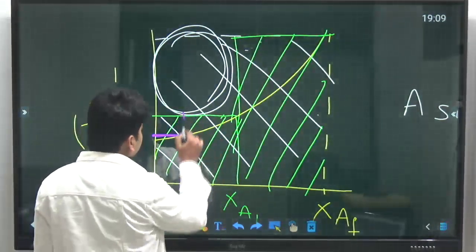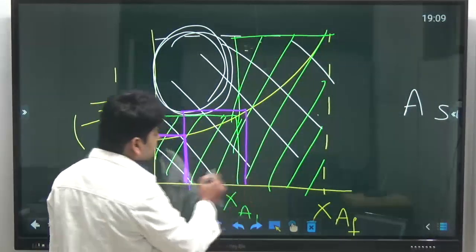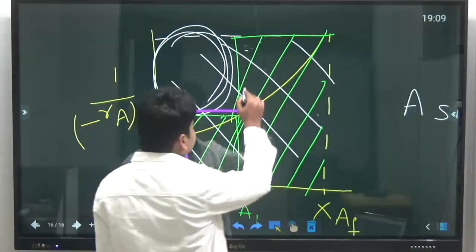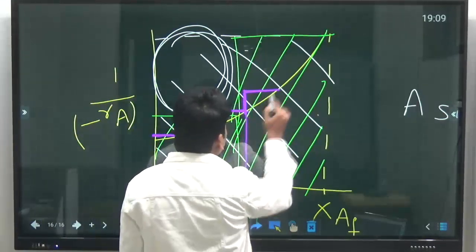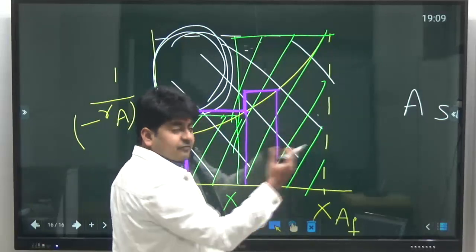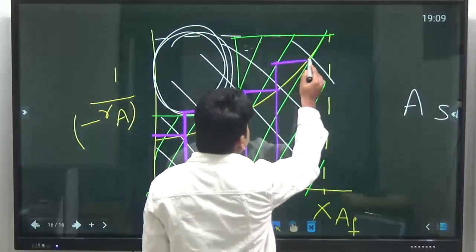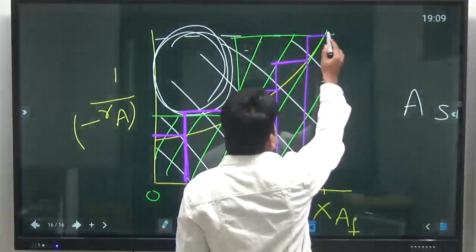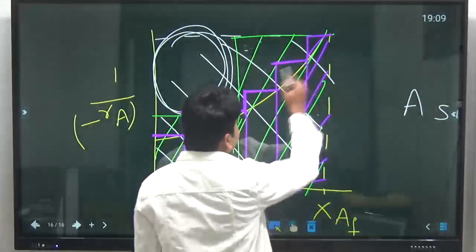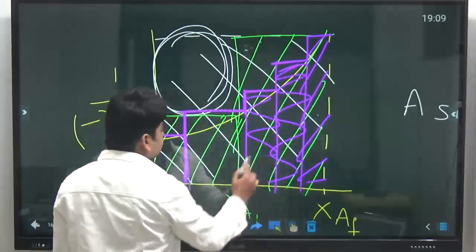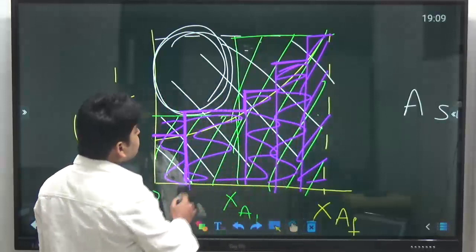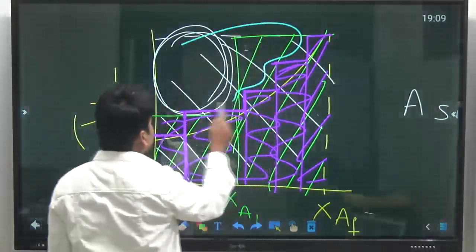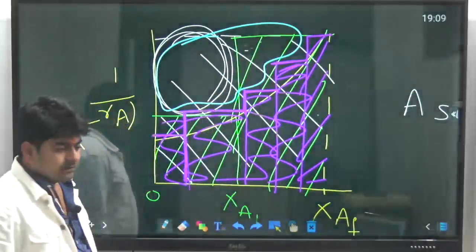Okay, then the second MFR will increase the conversion from 1 to 2. Then the third MFR, then the fourth MFR, and then the fifth MFR. So the area governed by 5 MFRs in series will be this. So you can see the additional area required has been reduced further.